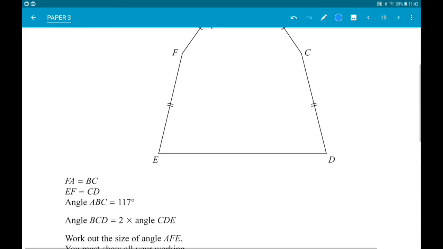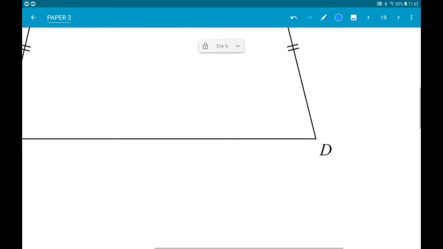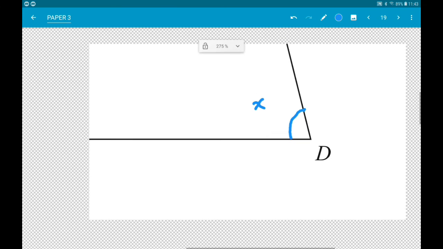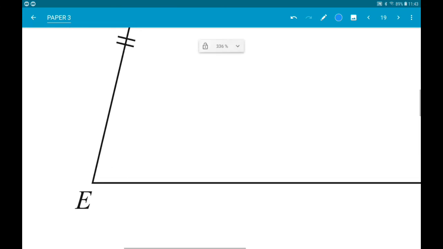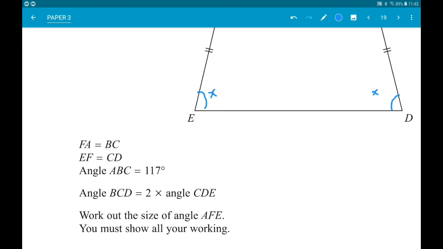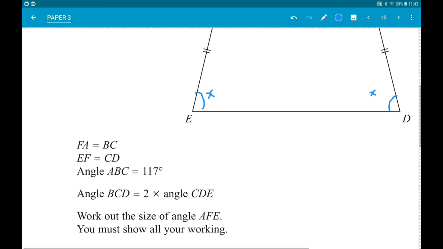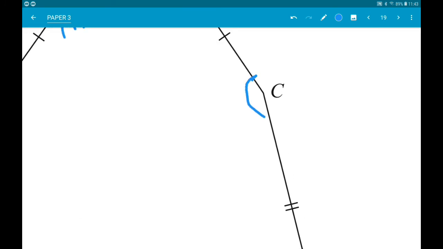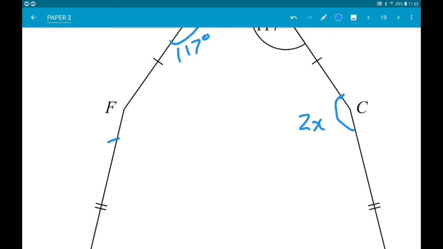So angle CDE is this guy at the bottom. So let's call that X. Then we know this chap over here is also X. Now we're told that angle BCD is 2 times CDE. So that means this guy is 2x. Which also means this guy is 2x.